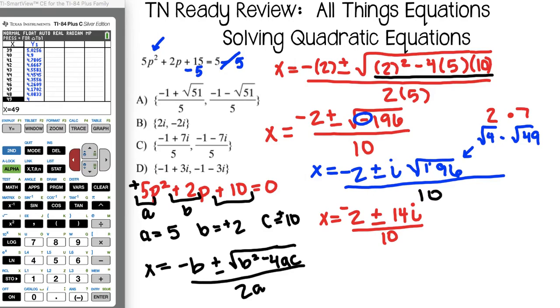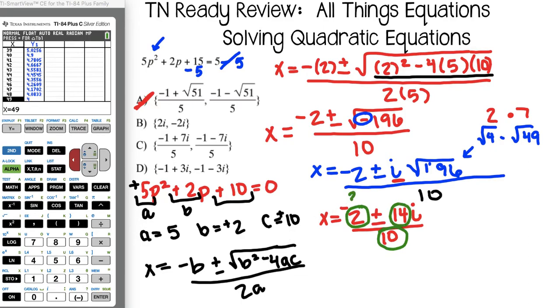The last thing I have to do is figure out which answer choice it is. I've already decided that I can't use A because A doesn't have an i in it, and I really need that i to be in my answer for it to be correct. And again, I can't just type it in the calculator because my calculator is going to tell me error. So I'm looking for a number that all of these guys have in common. And one of the first things that I notice is that they're divisible by 2.